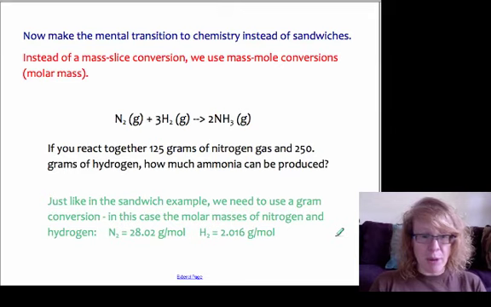Just like in our sandwich problem, we have to use a gram to quantity conversion. In this case, it's molar mass. I put on there for you the molar masses of nitrogen gas, 28.02, and hydrogen gas, 2.016, in case you don't have a periodic table. So let's do our conversion.